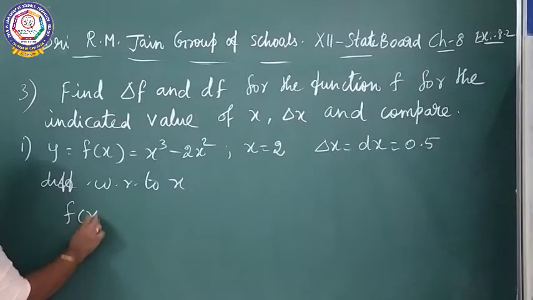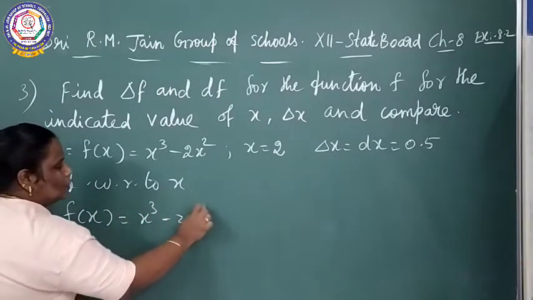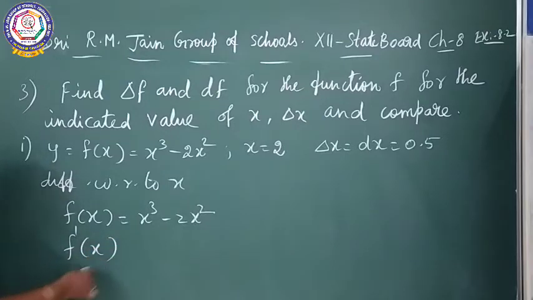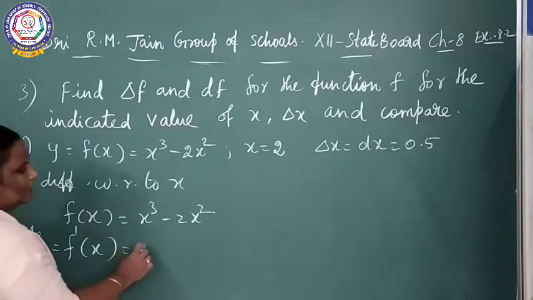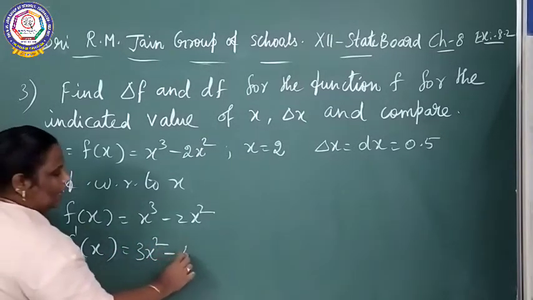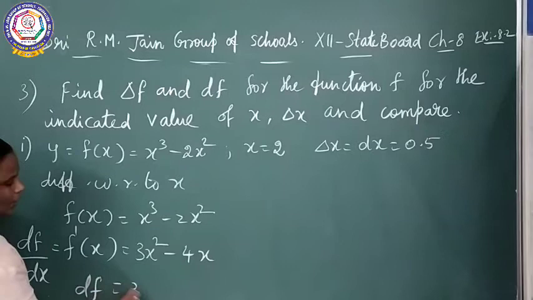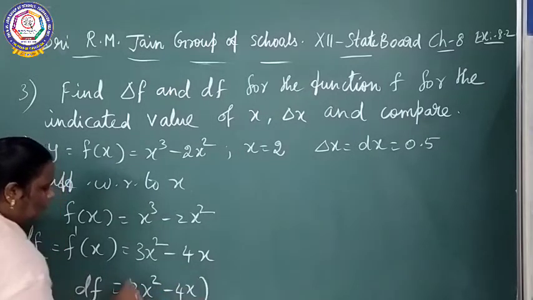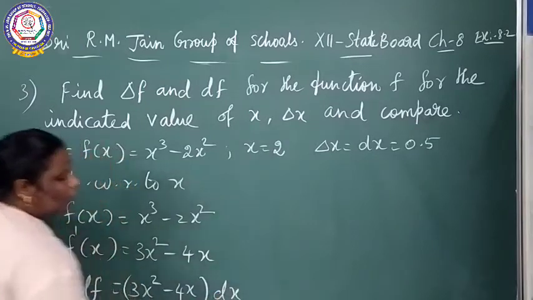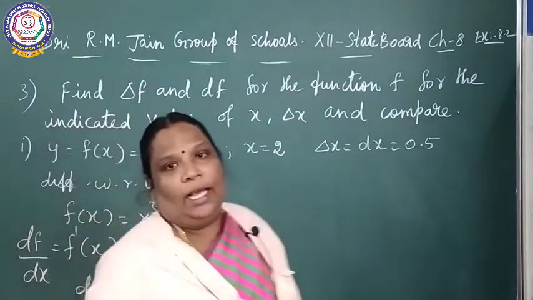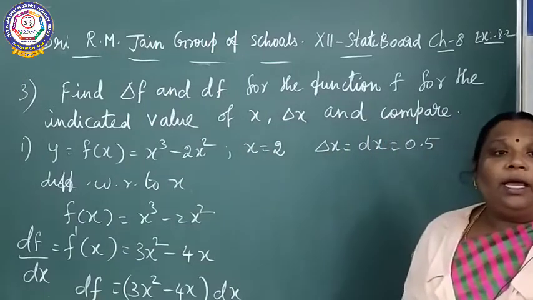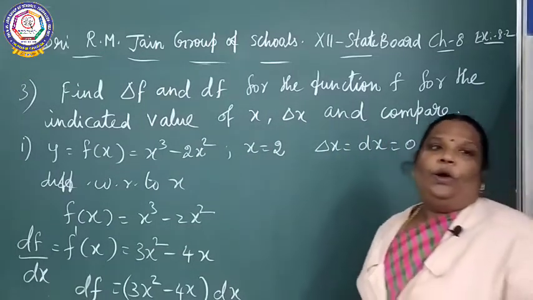f of x equal to x cube minus 2x square. You can write f dash of x, or dy by dx, or also df by dx, equal to 3x square minus 4x. Then df equal to 3x square minus 4x into dx.